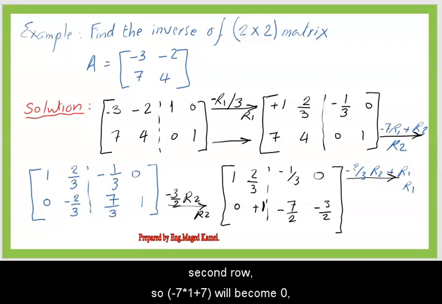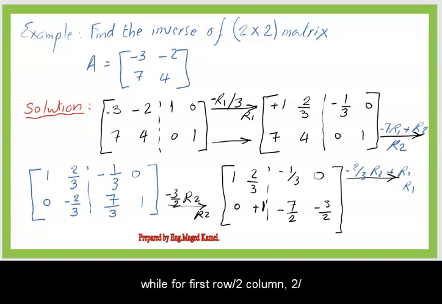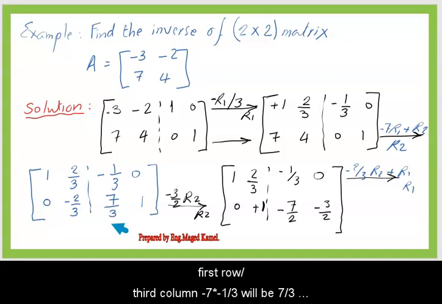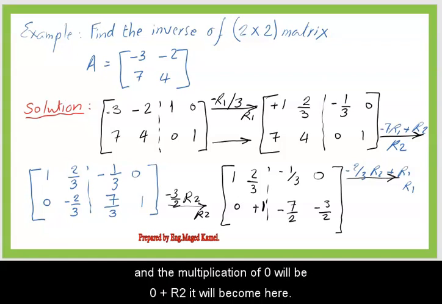For the second column, 2/3 by -7 plus 4 would be equal to -2/3. Third column, -7 multiplied by -1 over 3 would be 7 over 3, and the multiplication of 0 will be equal to 0. R2 will become as shown here.